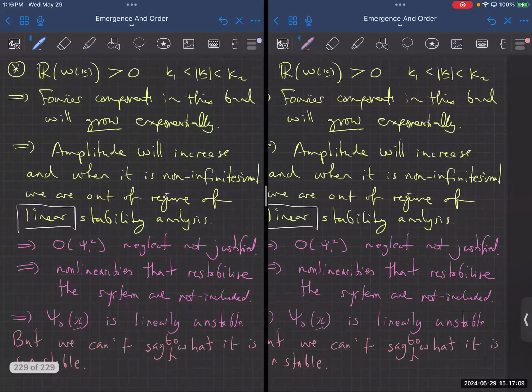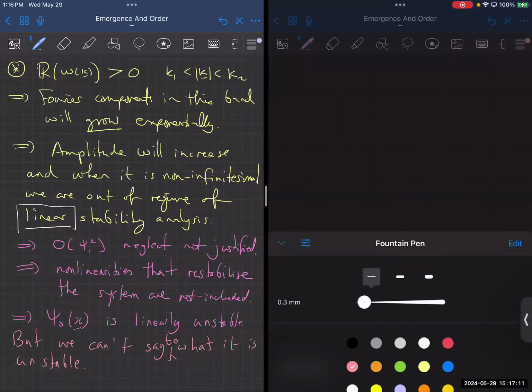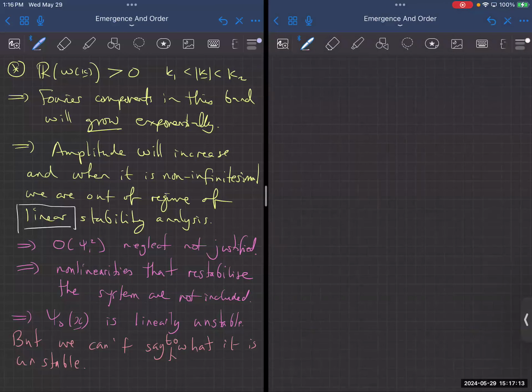So as an example, a solid state physics example, the condensed matter analog might be to start off with a normal metal. So a normal metal might be, say, free electrons.